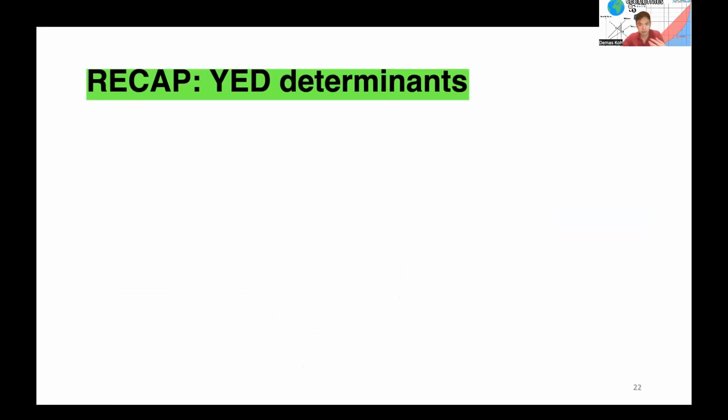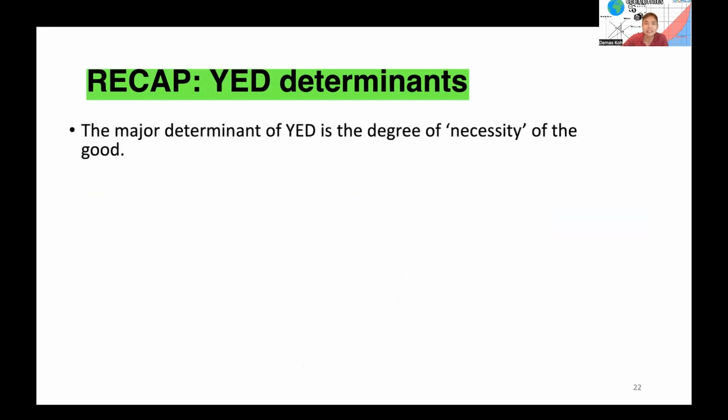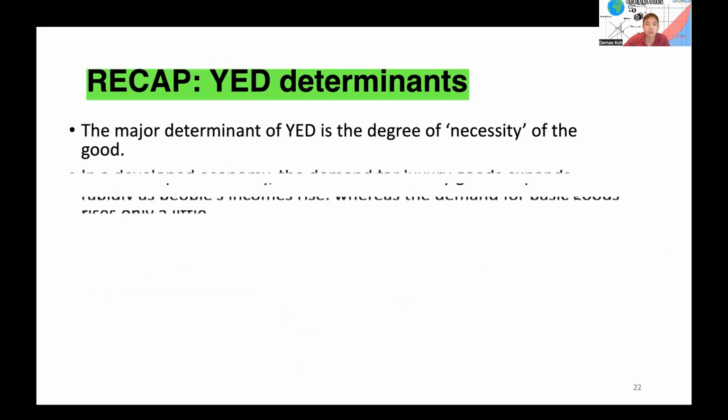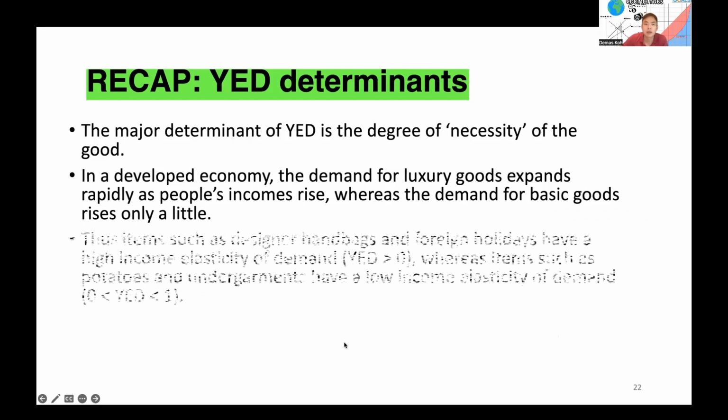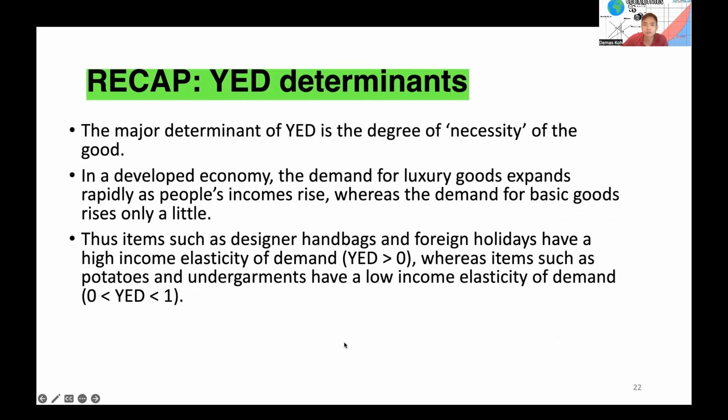And again, a very quick recap on YED determinants. The major determinant is the degree of necessity of the good. So in a developed economy, the demand for luxury goods expands rapidly as people's incomes rise, whereas the demand for basic goods rises only a little.